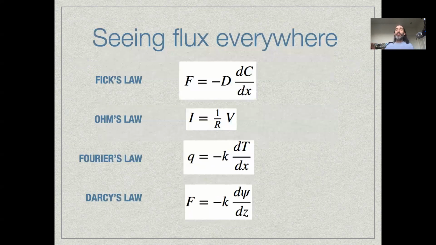And we ended by talking about how these flux equations are ubiquitous. In this one, we introduced Fick's law, but Ohm's law for electricity, Fourier's law for thermodynamics, and Darcy's law for fluid flow are all examples of flux equations. You can use flux equations even beyond that.